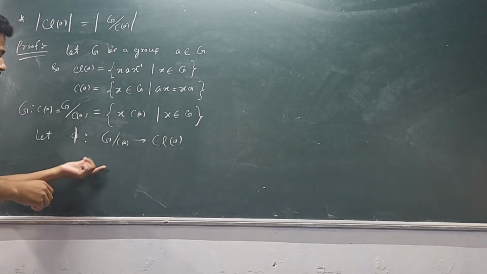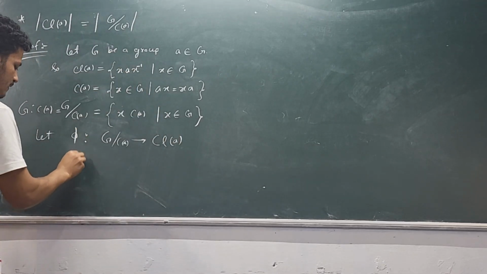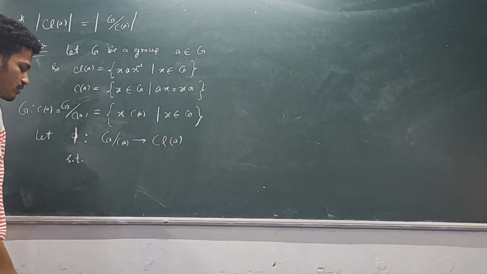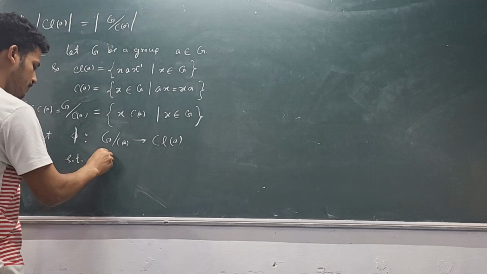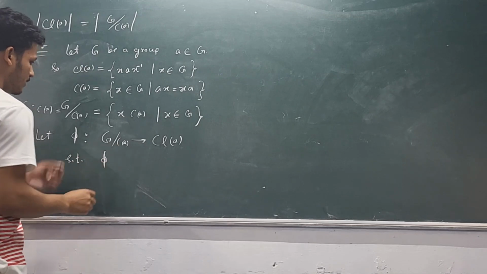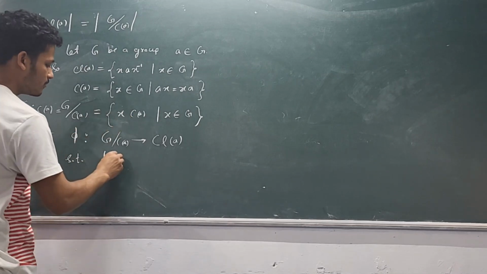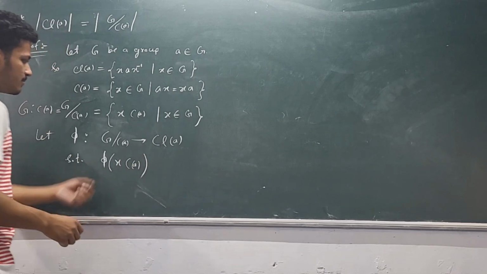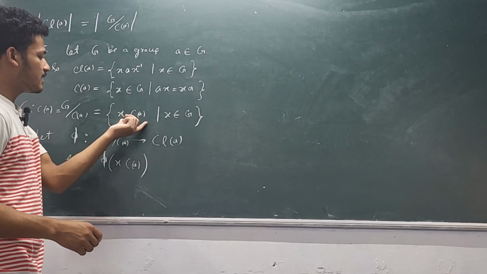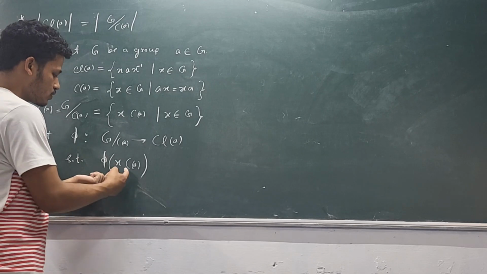So I am making a function defined as follows: the elements in the domain are of the form XCA, the left coset.